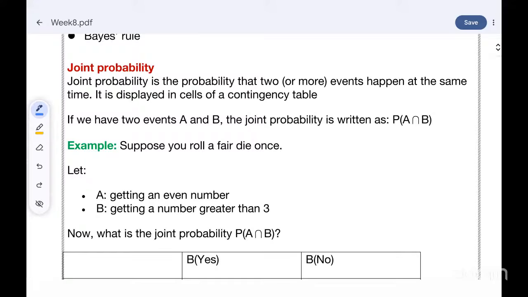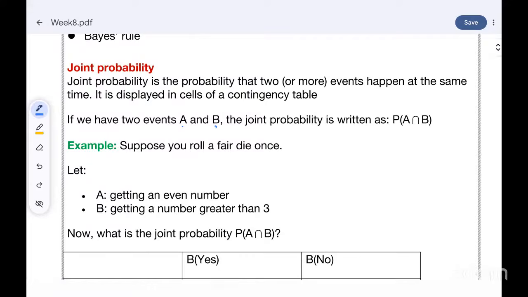If you look at the contingency table, each cell gives you a joint probability. What does that mean? Suppose you have two events A and B. What is meant by the joint probability of these two events? It is P of A intersection B, that is, the probability of A intersection B.